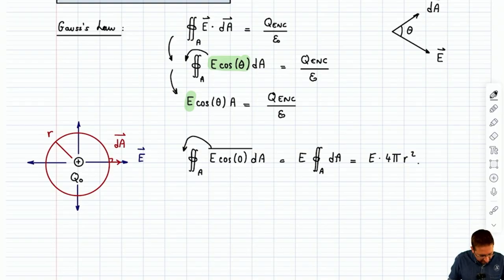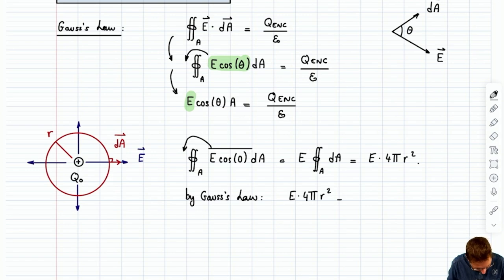Okay, and then I can equate that to Q enclosed over epsilon naught by Gauss's law, and I'm going to get the result we already know about point charges, but that's okay. Q enclosed is just Q0, that's all there is.